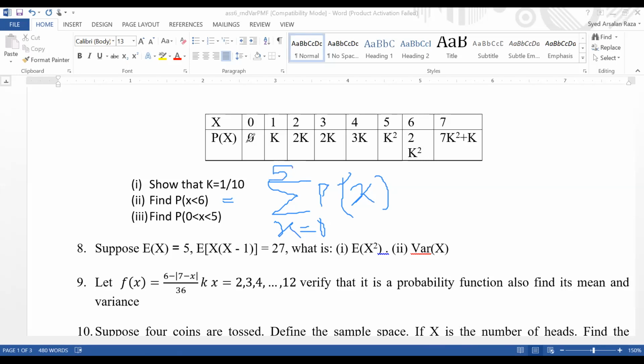Now you have to add this plus this plus this plus this plus this as well as this. This total will be the answer. So you can find this total easily. These probabilities will be added to get the answer of part C.